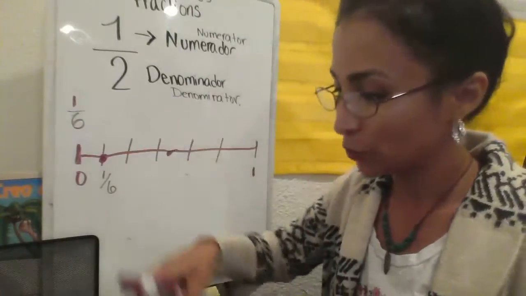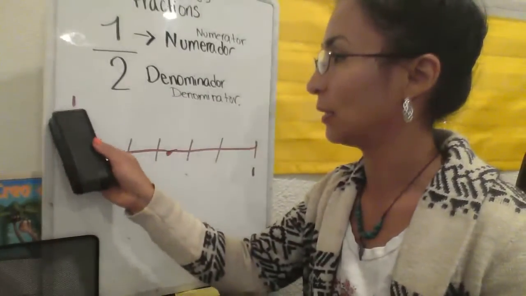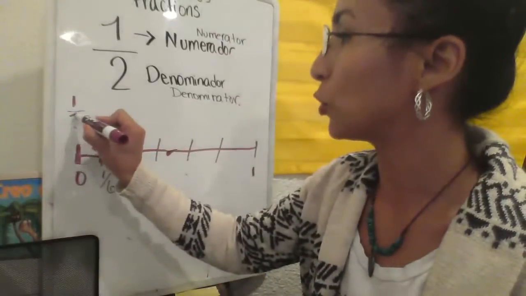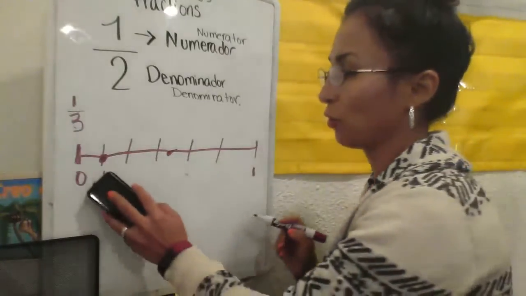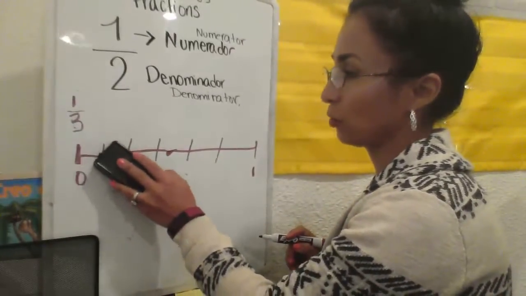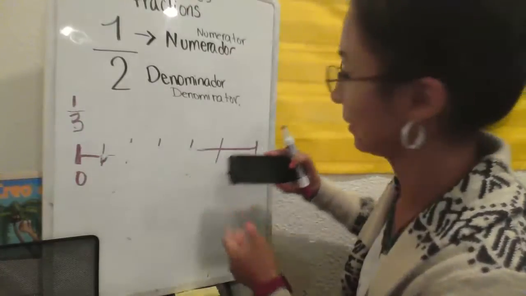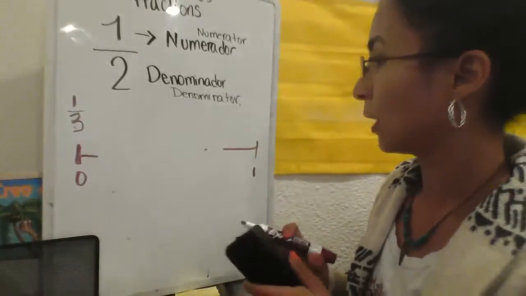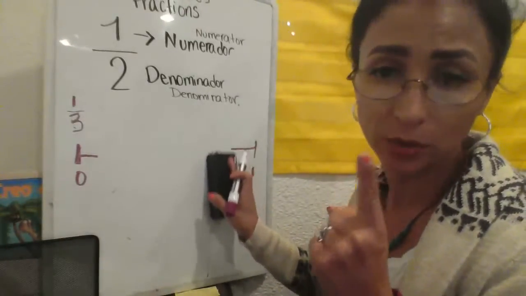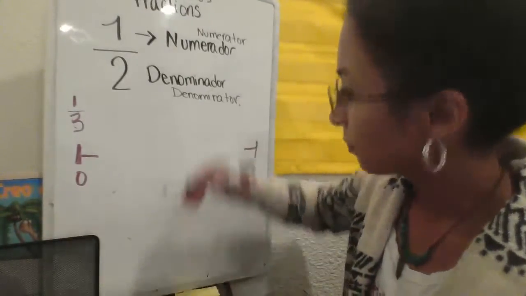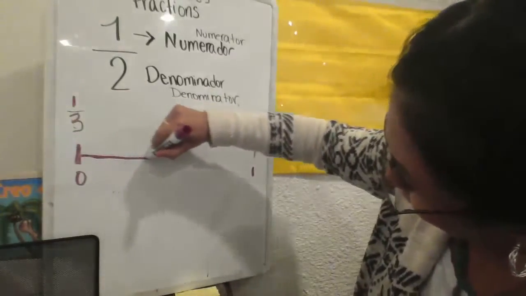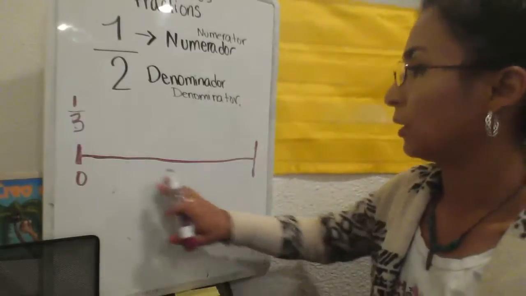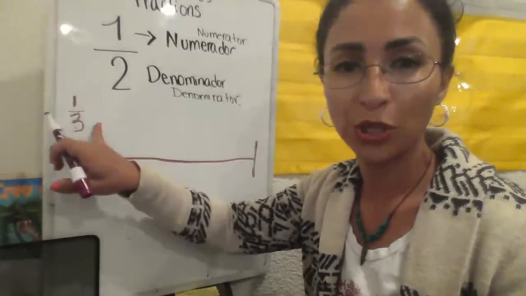Y va a ser lo mismo si te piden que hagas 3. If they're asking you to tell them 1 sobre 3 or 1 over 3. Entonces, imagínate que solo vas a hacer 3 líneas. And they're only asking you to mark 1. Solo te están pidiendo que marques 1. Te están pidiendo que marques 1 de 3.